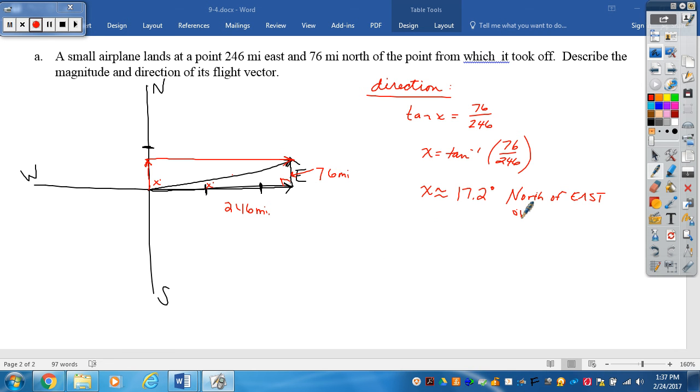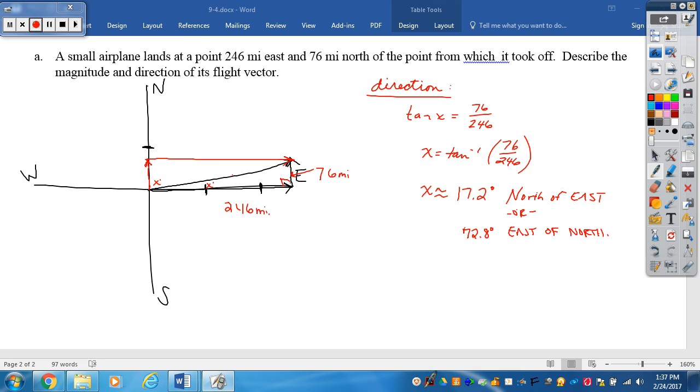So this would have also been an answer. 90 minus that, 72.8 degrees. And it would just be east of north. Okay. So both are acceptable answers there. It just depends on how you chose to draw your picture out.